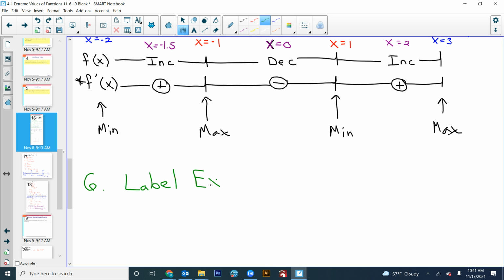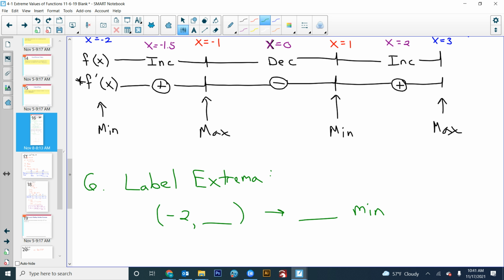Label extrema. Okay, well, my points were -2, comma, something. And it was blank min. I'm about to label it absolute or local. We don't know yet. It depends on the y value.